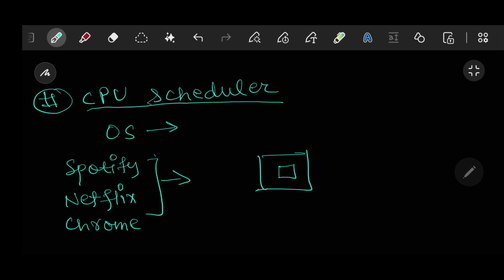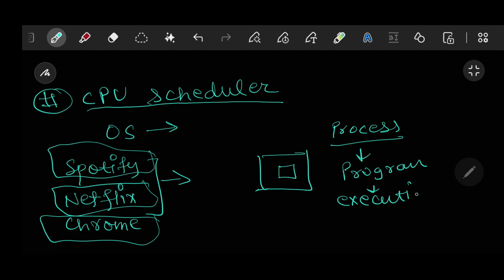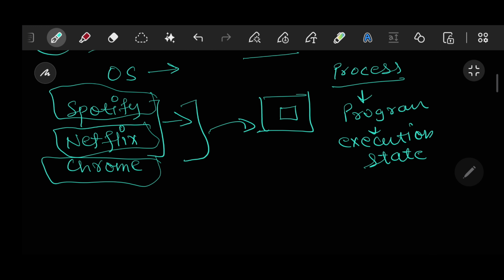So which process gets the CPU? We discussed what a process is in our previous lecture. A process is nothing but a program in execution state. So which program gets the CPU? The CPU scheduler decides that.